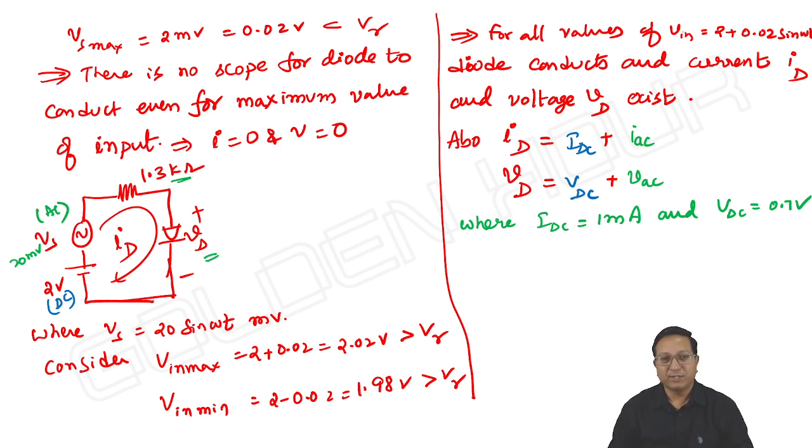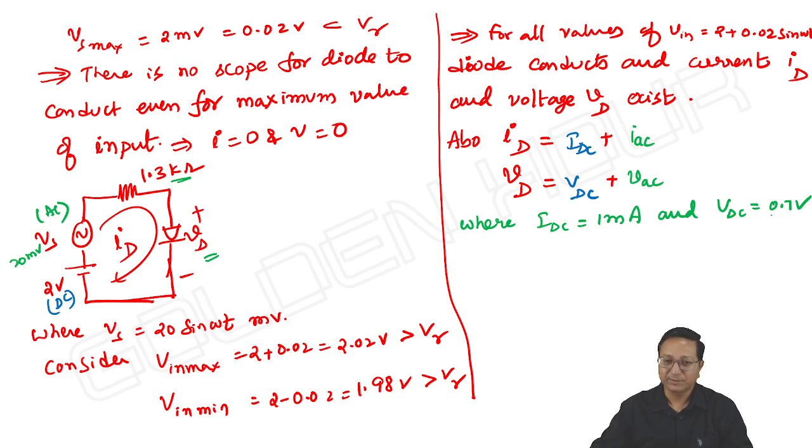The voltage drop across the diode will definitely be very less, less than 20 millivolts. We are choosing the supply voltage in such a way that the voltage across the diode Vd is very much less in comparison with eta Vt.